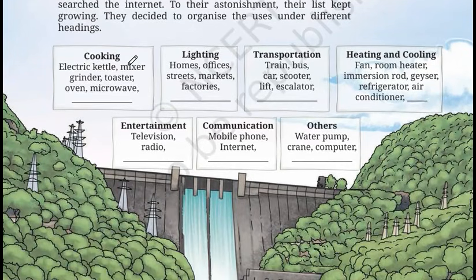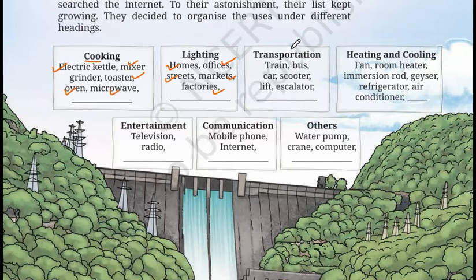So you see here, for cooking, they found electricity is used in electric kettle, mixer grinder, toaster, oven, microwave, right? When we talk about lighting, we have lighting at homes, at offices, we have street lights, we have lights in the markets and the factories.